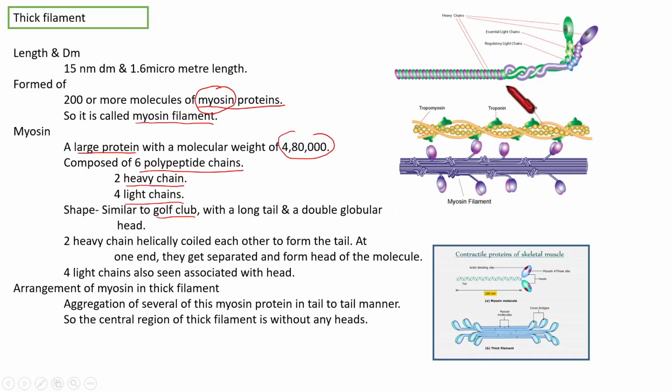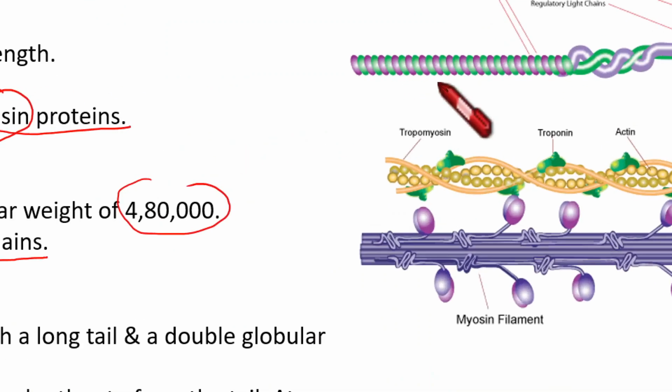Okay. Now we understood that myosin protein is composed of 6 polypeptide chains: 2 heavy, 4 light. The two heavy chains are helically coiled around each other. We can see it here so clearly.